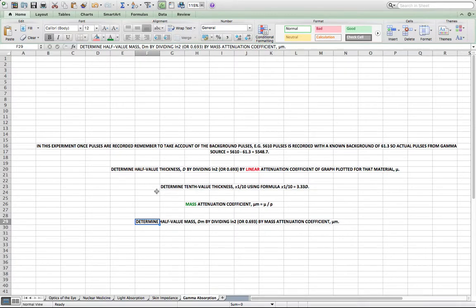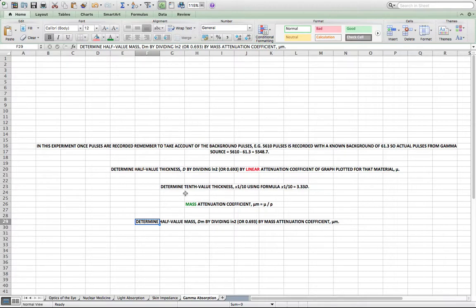Last but not least, the mass attenuation coefficient can be calculated. This is calculated by dividing the linear attenuation coefficient by the known density of the material you're using.